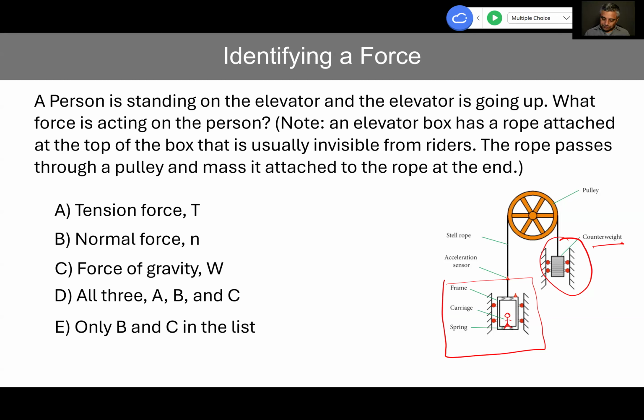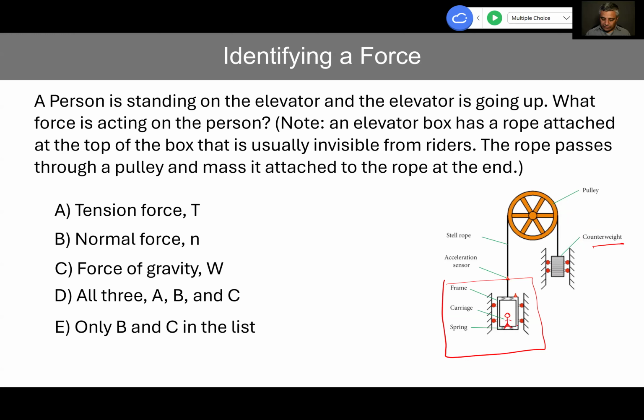Okay, but here the portion is inside the elevator, and the elevator, in this case it says going up, but could be going down or not moving. I think the answer would be the same.